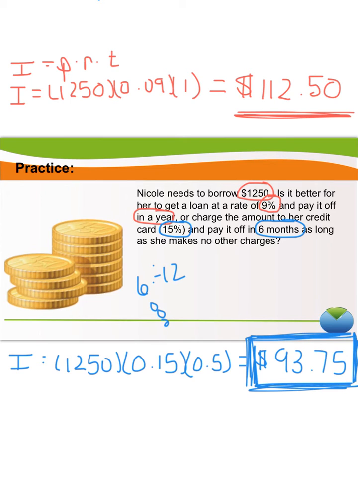If, on the other hand, you are earning money, like you have a certificate of deposit or a savings account, obviously you want to earn the most amount of money. So you have to pay attention to the situation you have. If you are paying back money, look for the lower price. And if you're earning money, look for the higher price.